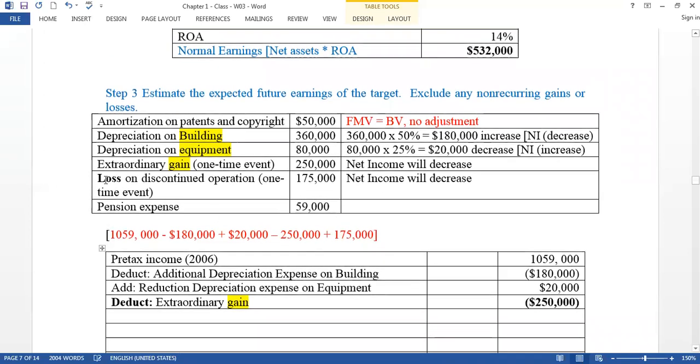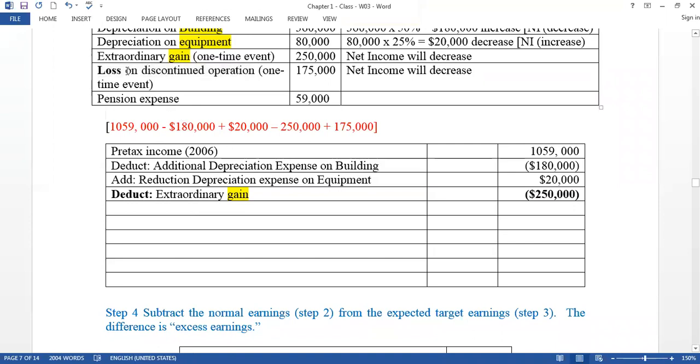Then we have a non-recurring loss, that means discontinued operation loss, and this loss will not happen again in future. So if in future you do not have this loss, it means that in future you will have more money. So this is add.